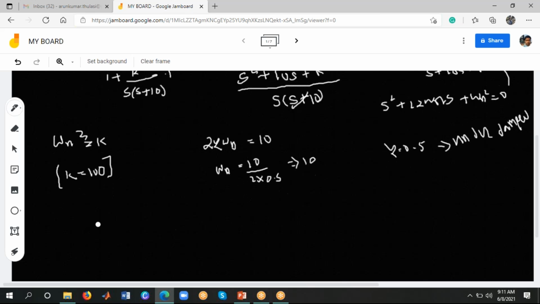Now, the next thing is maximum overshoot, that is peak overshoot. Its formula is e power minus pi zeta divided by square root of 1 minus zeta square, into 100. Find this value. So I need the value in terms of percentage.